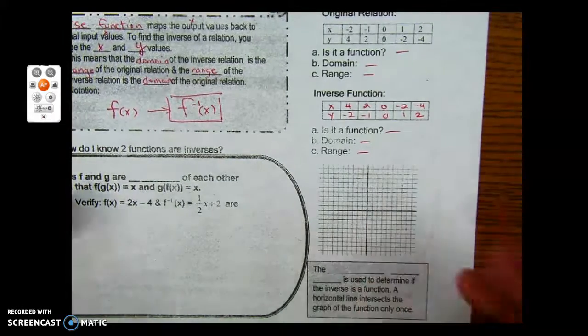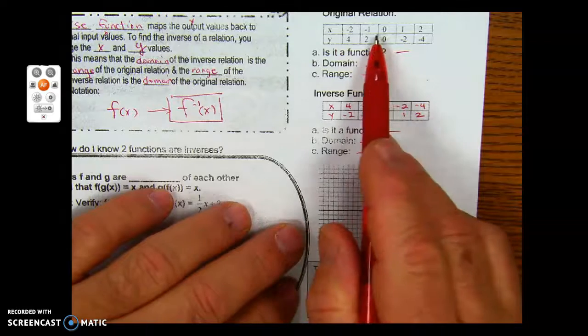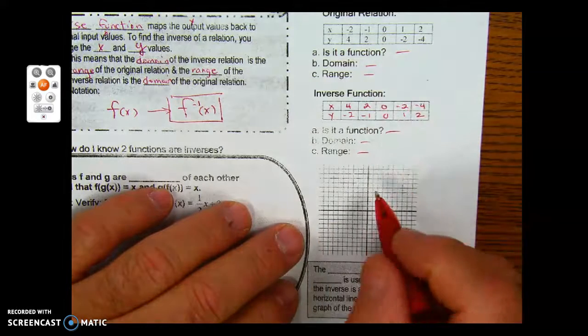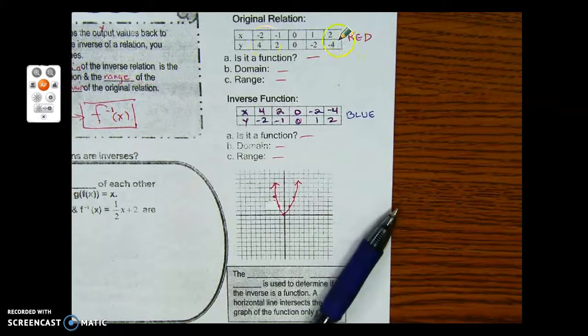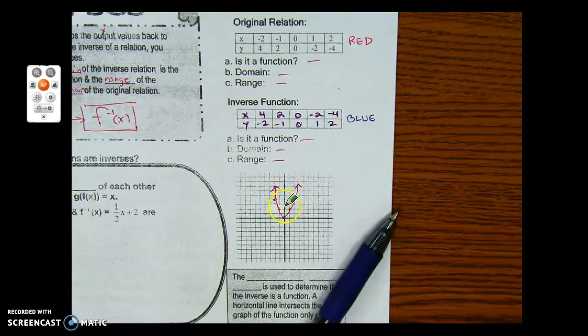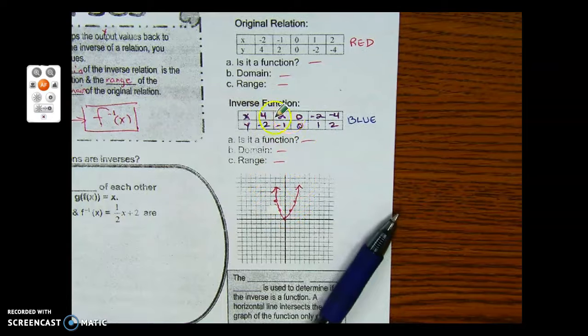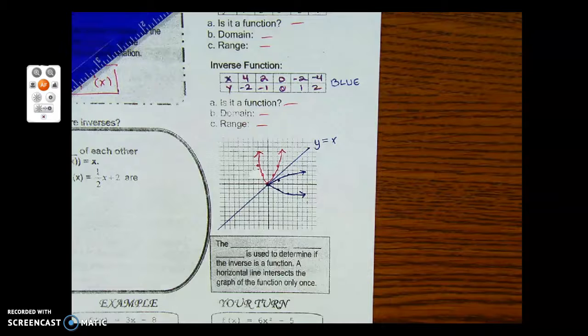So I think what it wants me to do is to graph this function, but basically I'm going to pause it and graph this function real quick. So guys, if I graph this original relation in red, it's the parabola that looks like a little U-shaped path. And now I'm going to pause it and graph the inverse function in blue. Okay, so hang tight.